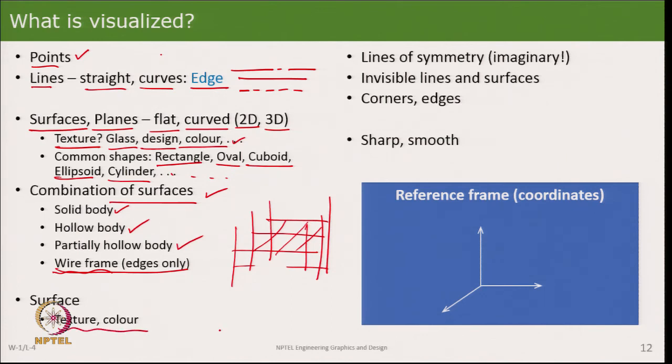Finally, texture and color, although in engineering we do not go into details of this, we may just write on the sheet what the color image is. In all our pictures, we do not show details of these aspects. A practical designer, say a product designer, a fashion designer, an architect, in those drawings we will show the texture and color.